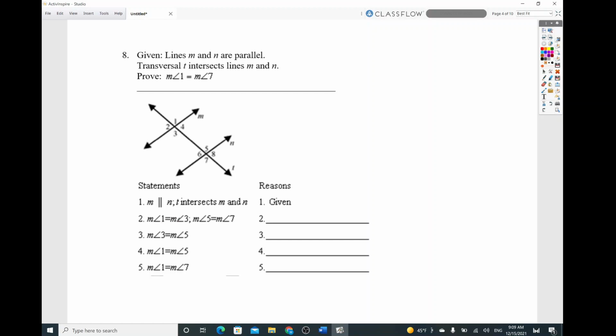The measure of angle 1 is the same as the measure of angle 3. For this one, angles 3 and 5, the definition of vertical angles. The measure of angle 3 equals the measure of angle 5. This one would be considered alternate interior angles.